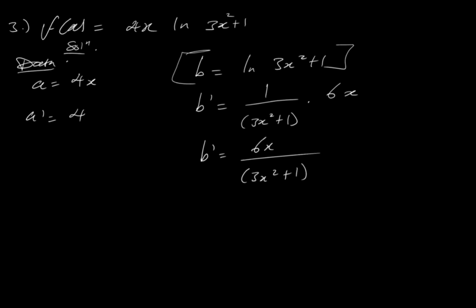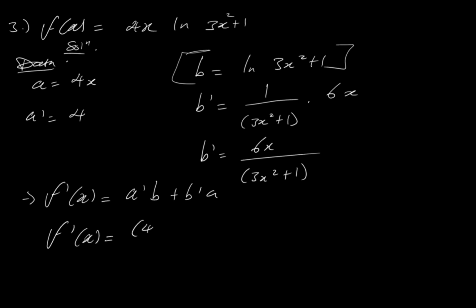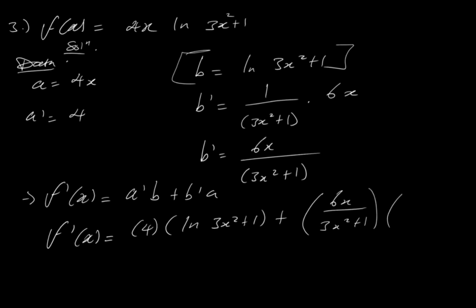So upon doing this, the next thing you should do is then apply the basic rule. You know that f prime of x will simply be a prime b plus b prime a. So f prime of x will be what is a prime, which is 4, times b, it's ln(3x squared plus 1), plus b prime, which is 6x over 3x squared plus 1, times a, which will simply just be 4x.